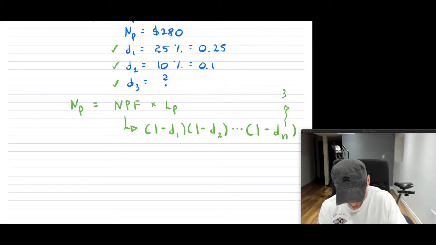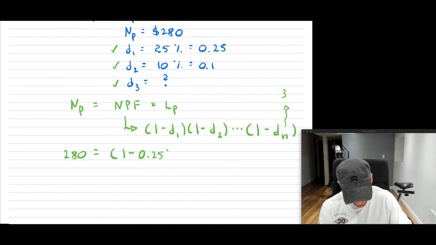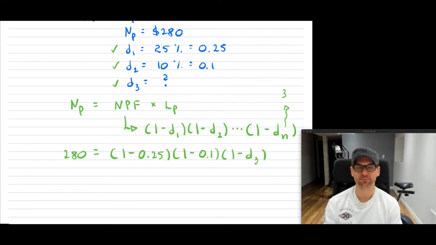So let's plug everything in. The net price is $280. Now, for our net price factor, my discount number 1, my discount number 2, and my discount number 3, my last one, which I do not know. That is my net price factor.